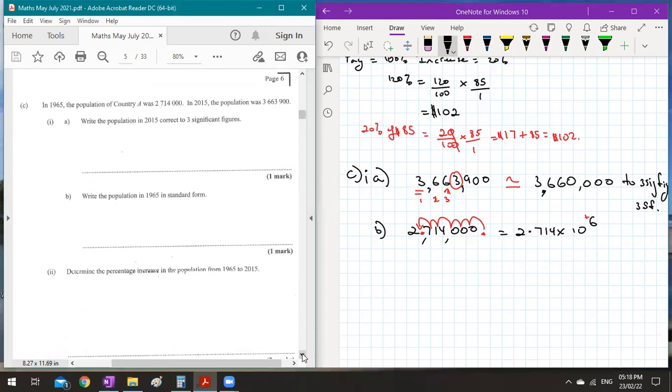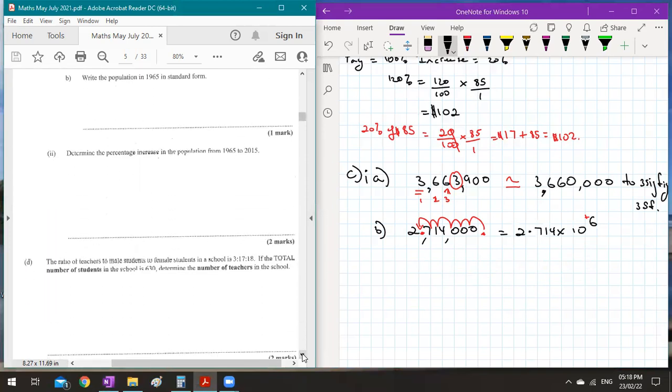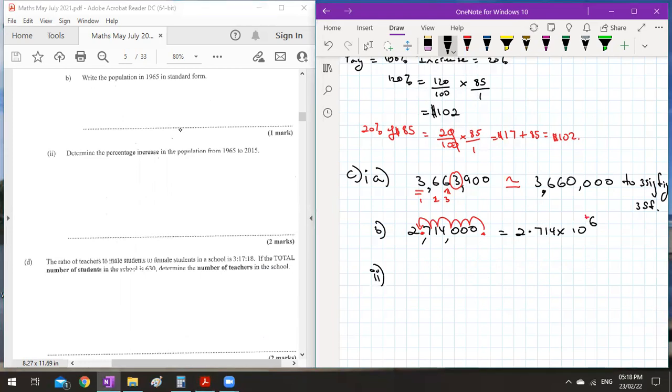Again, part 2, determine the percentage increase in the population. Right, so part 2. Now the increase will be what?